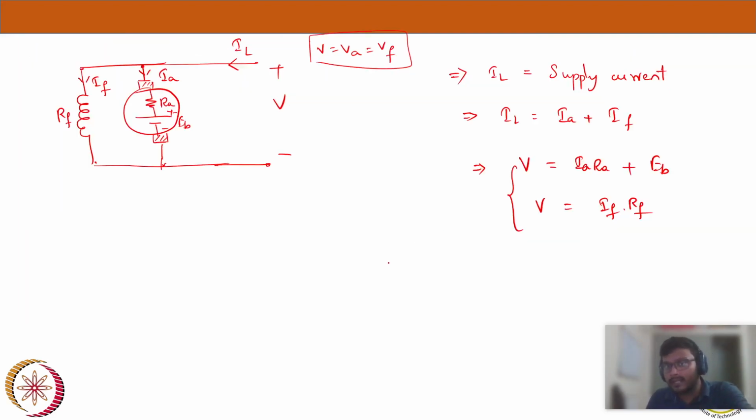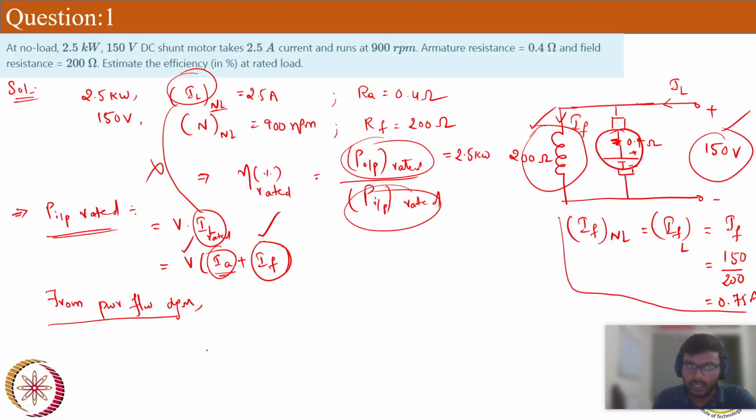Now with that relation, I am writing this equation from the power flow diagram: V multiplied by IA, the power input to the armature, is nothing but my output shaft power, that is P net mechanical, plus rotational losses plus armature copper losses.